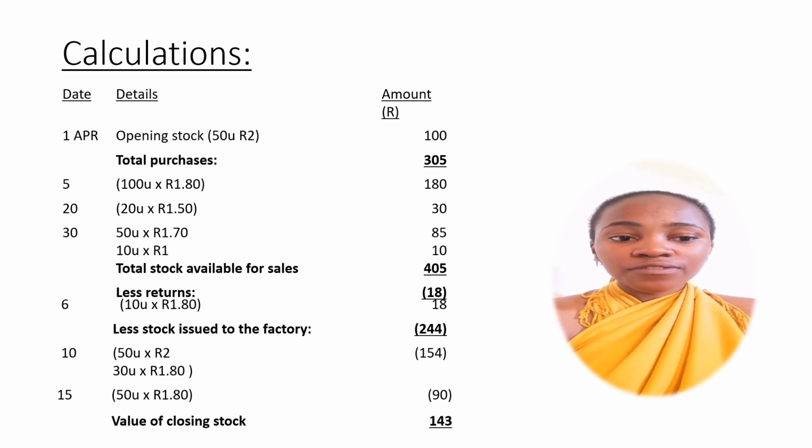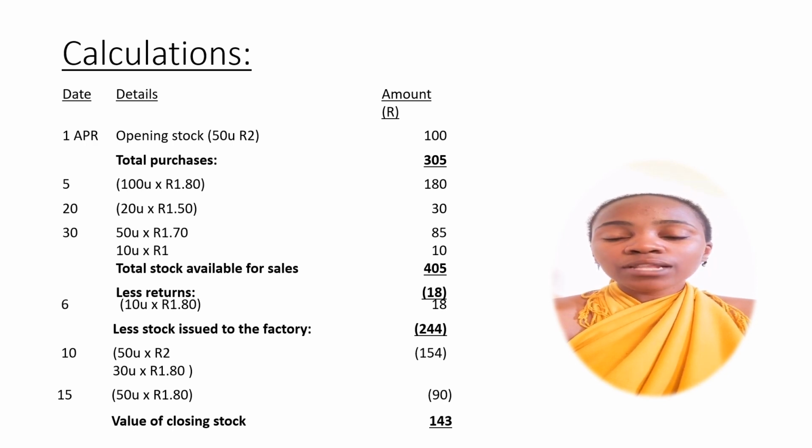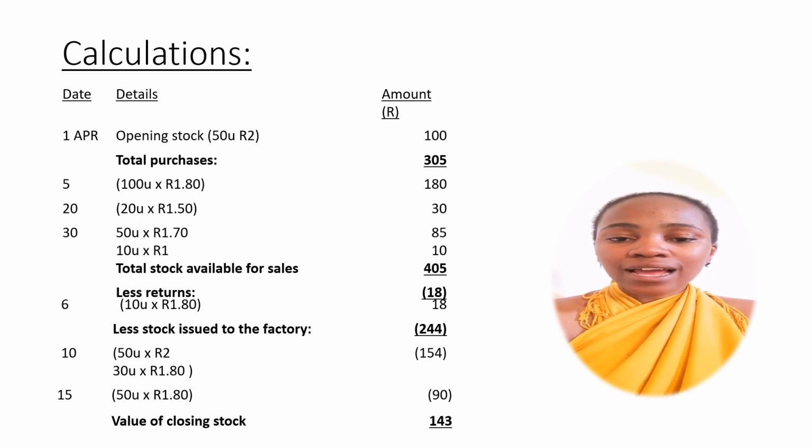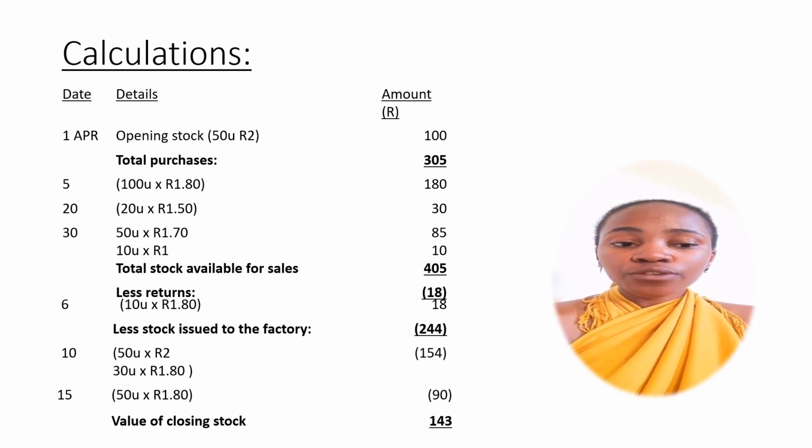So this 50 units we issued to the factory on the 15th is going to come out of those 70 remaining that we purchased on the 5th. This is why we're going to say 50 units multiplied by the value of 1 rand 80 cents per unit, which will give us a total of 90 rand. Those are our total stock issued to the factory.